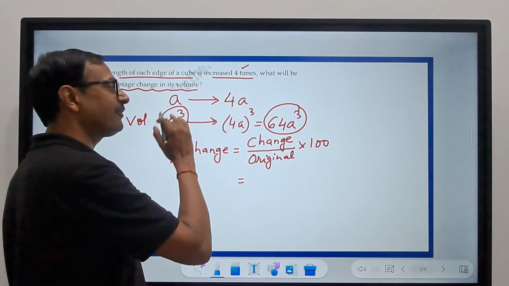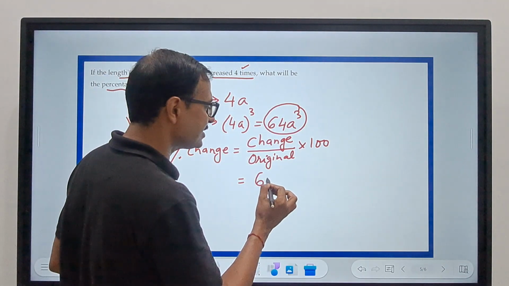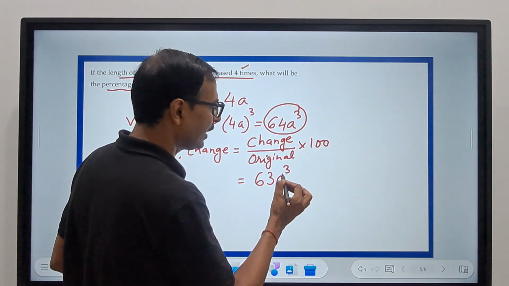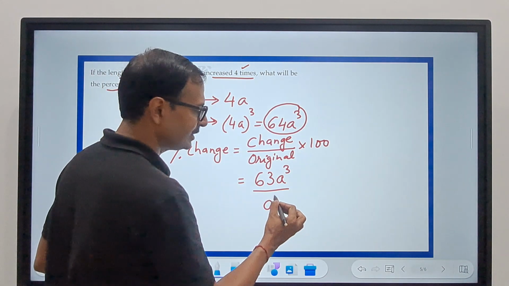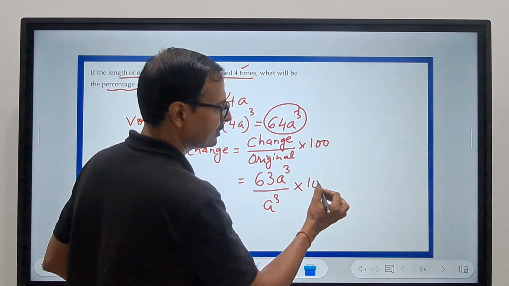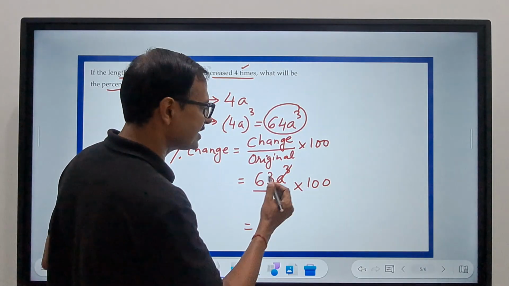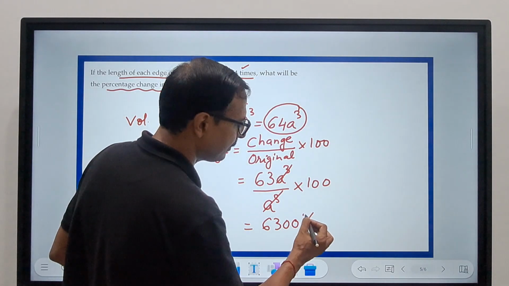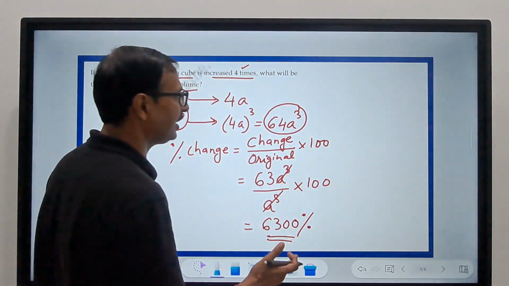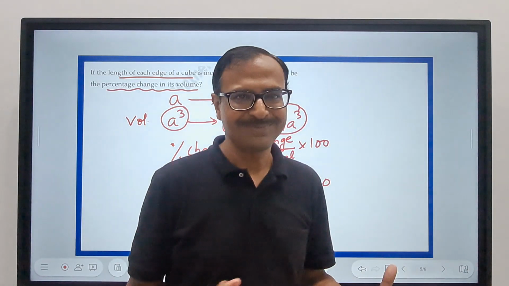So when you take the difference of 64 a cube and a cube, you get 63 a cube divided by the original was a cube, right, and times 100. So pretty easy, a cube gets cancelled and you have 63 times 100, which is 6300% increase in volume, and that completes our question.